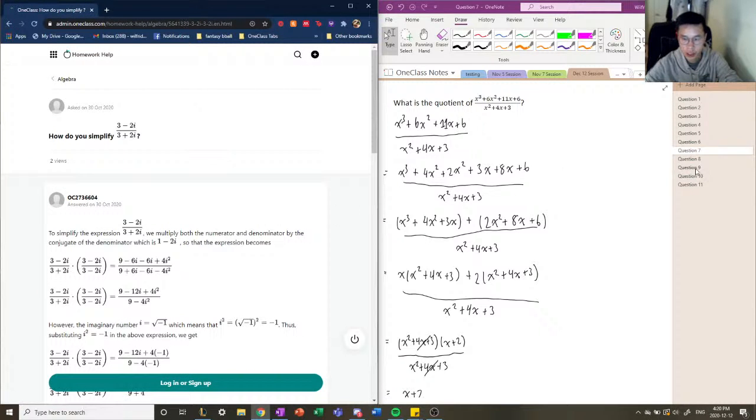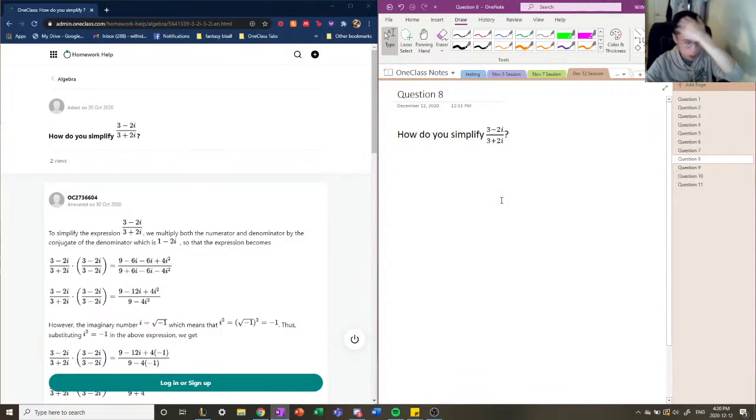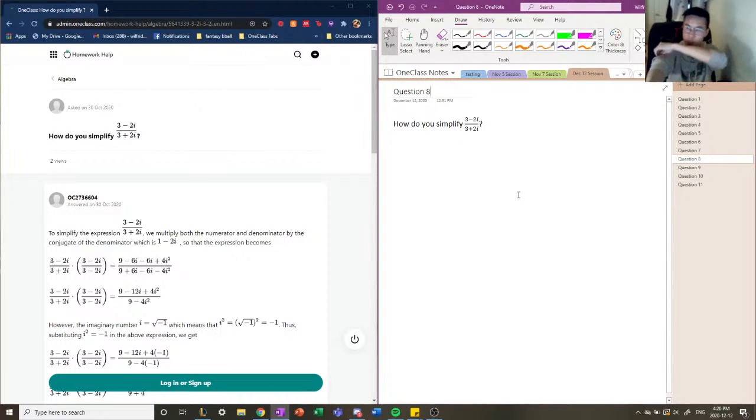All right, question number 8. In the previous questions, I talked about what a conjugate was, and we're going to be using the conjugate to help us solve this question. This question reads, how do you simplify 3 minus 2i divided by 3 plus 2i? So let me explain again how the conjugate applies here.